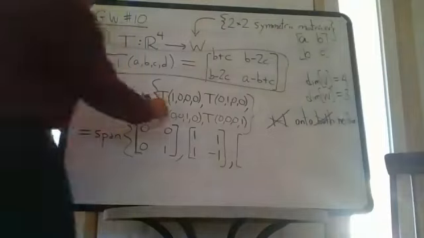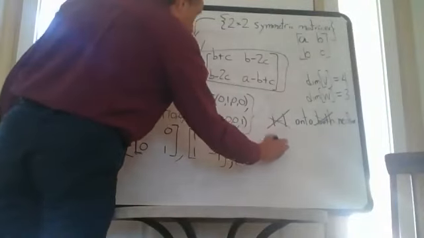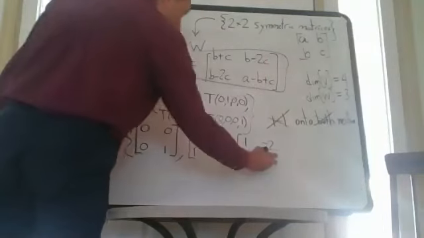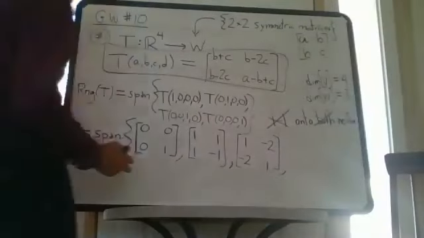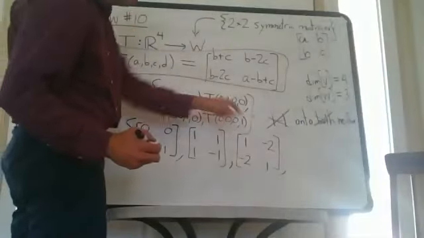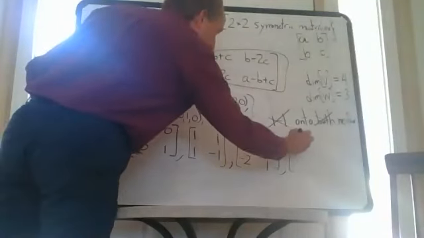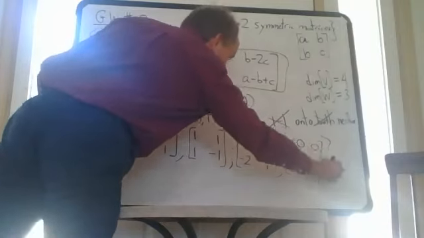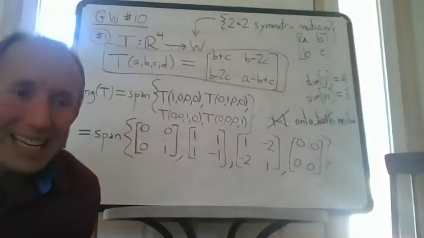T of 0, 0, 1, 0, I put a 1 everywhere I see a C. In the upper right and lower left corner it becomes a minus 2. And then finally, T of 0, 0, 0, 1, I put a 1 everywhere I see a D and zeros for everything else. Well, that actually zeroes out that matrix. So there is the range of T.